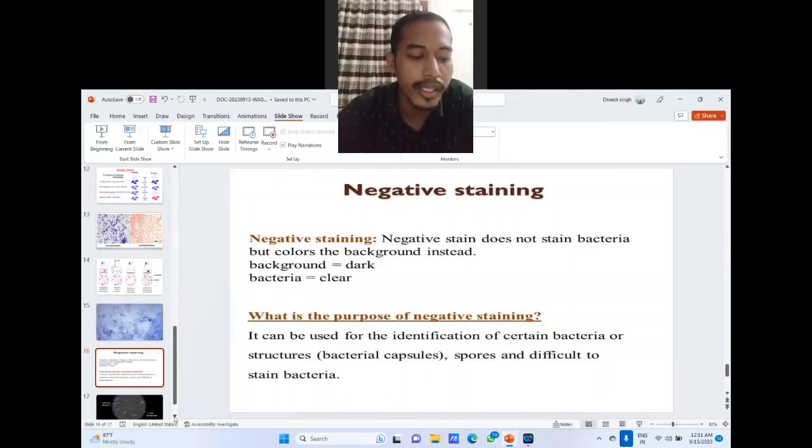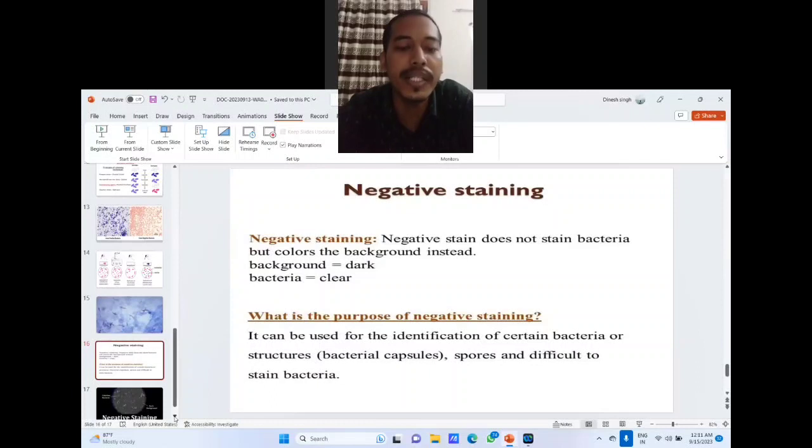Generally, the bacterial cell wall is negatively charged, and the stain we use in negative staining is also negatively charged. As a result, instead of attracting each other, because both the stain and the bacterial cell wall are negatively charged, they repulse each other.